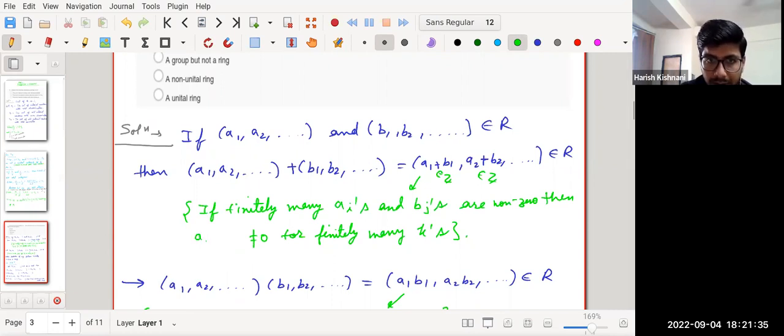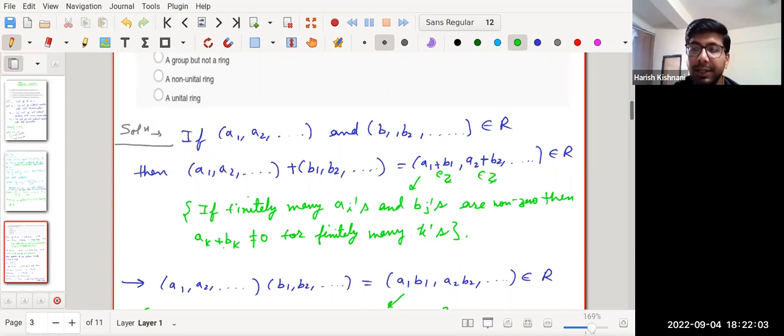Why? Because at the indices where ak and bk both are zero, their sum is again going to be zero. So it's only about those indices where either ak is non-zero or bk is non-zero. Only for those indices do we have the possibility of ak plus bk being non-zero. Everywhere else we get zero, and those possibilities are finitely many.